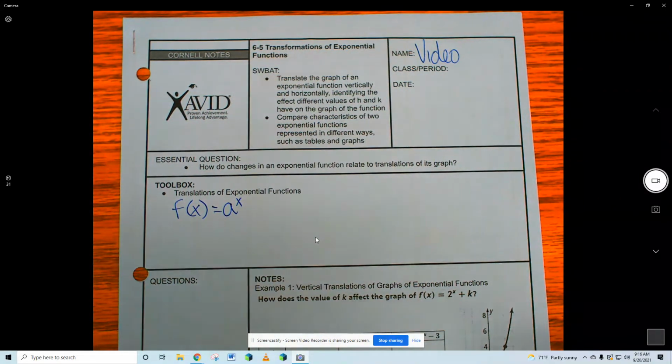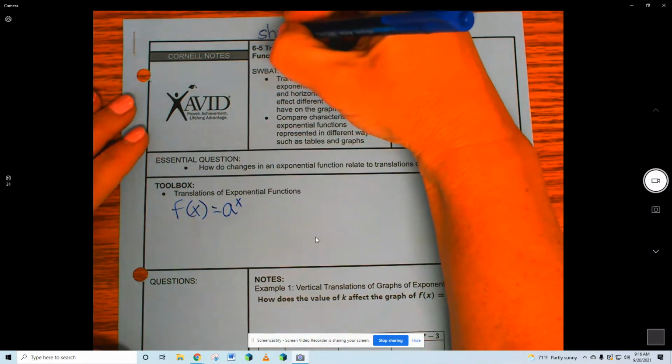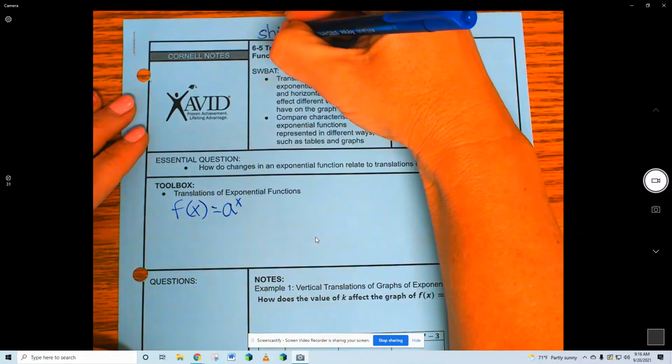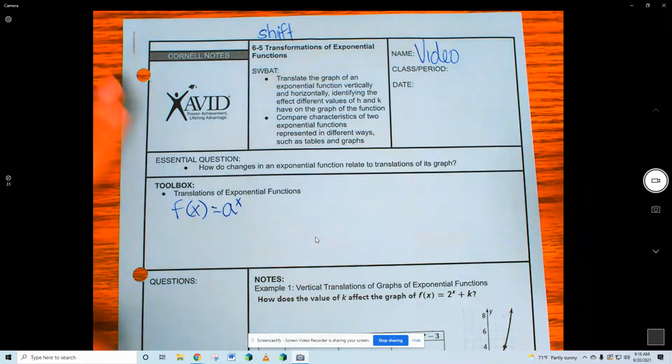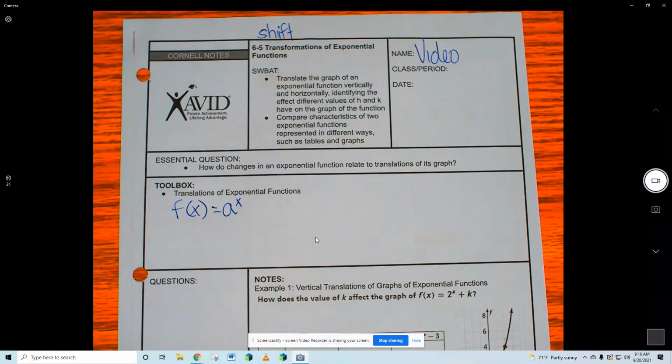So now I'm going to add to this and say a transformation means a shift. So I'm going to have this graph, a to the x power. A can be anything. A could be 1/2, it could be 2, it could be 3, it could be 1/3, anything. But I want to be able to move this graph around. And so we're going to shift it, and it's called the transformation.